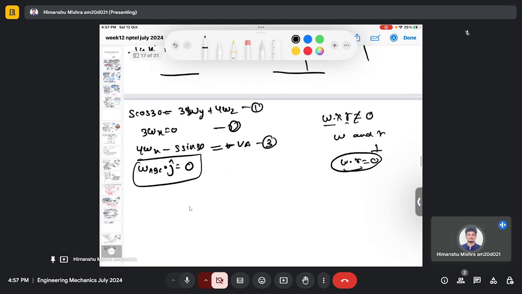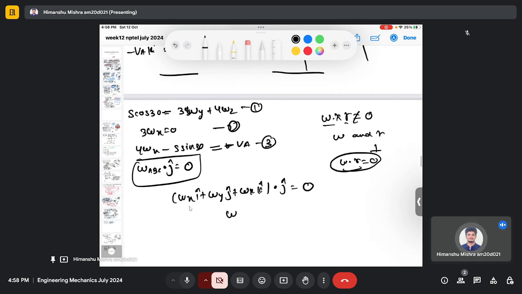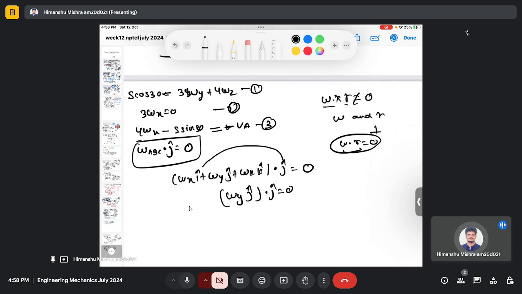So here we know from the diagram that it cannot rotate in the y direction. So omega x i plus omega y j plus omega z k, in that j direction is 0, which means omega y j dotted with j is 0, because if you take a dot product of j with i and k, it will anyway be 0.